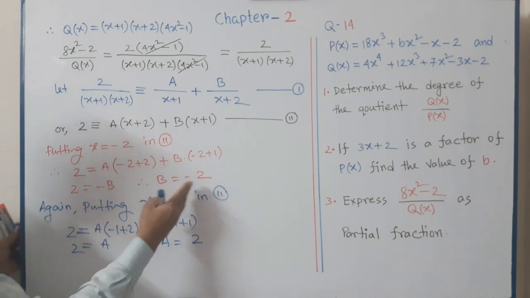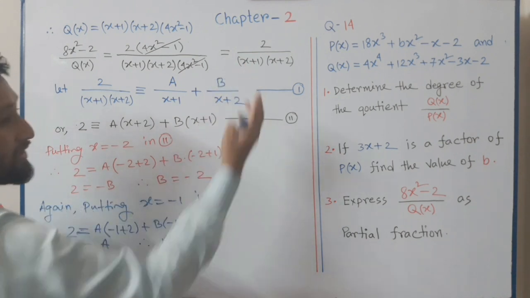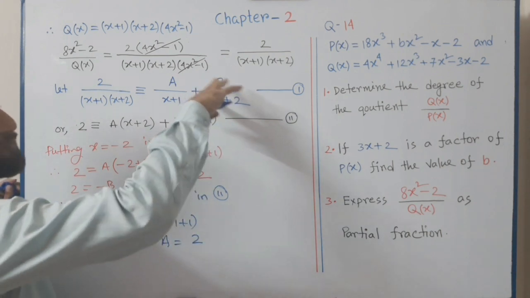So now putting these two values in identity 1, we will get our partial fraction form.